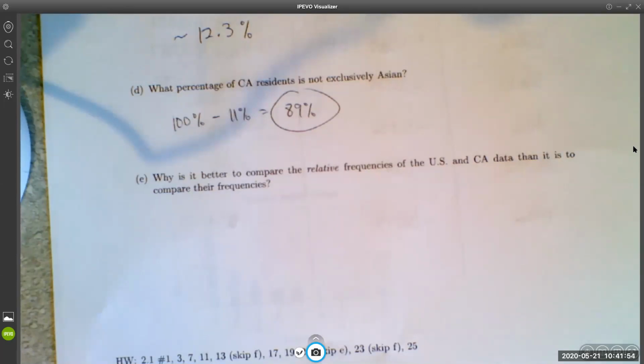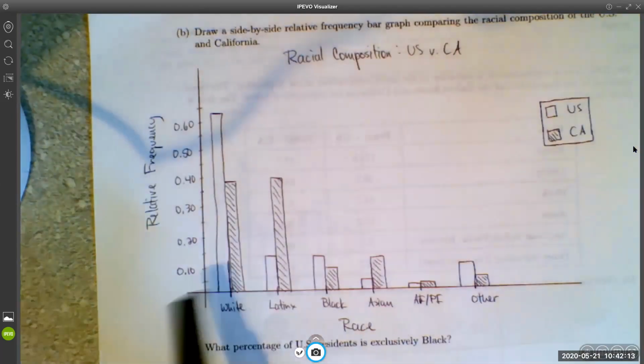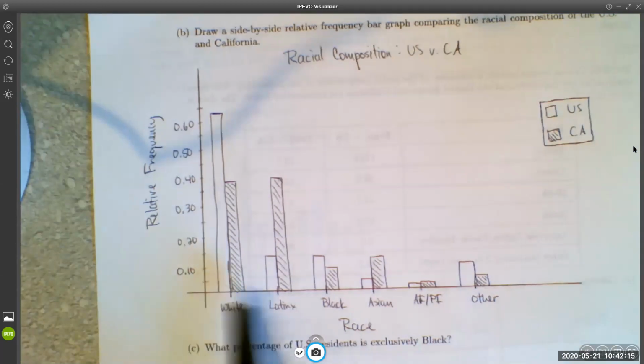But if you look at the relative frequencies of the US versus the relative frequencies in California, if you look at those percentages, right, then you get a much more clear idea about the racial composition of those two places. Like you can see looking at the bar chart that in the United States at large, there are a lot more white people than in any other category.